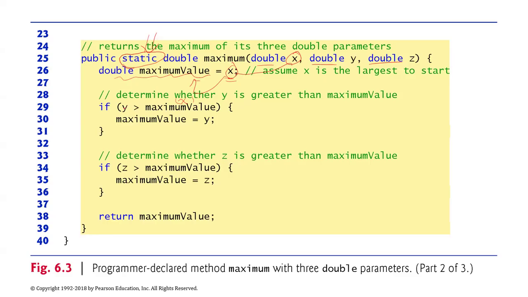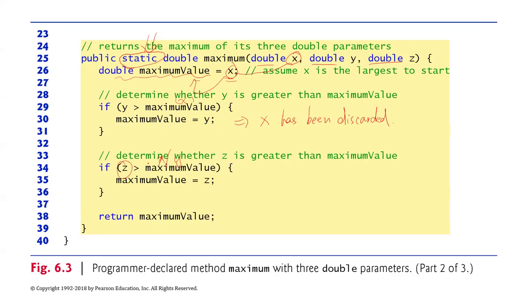And once we have the maximum value here, we say, okay, x there. And we compare y with x, or we say currently x is the maximum value. If y is over maximum value, we change the maximum value to y. And in this case, we no longer need x, right? So here x has been discarded. And then we compare z with y or x, because if y is smaller than maximum value, we will keep x as the value for maximum value there, right?